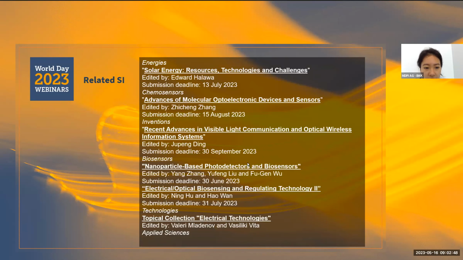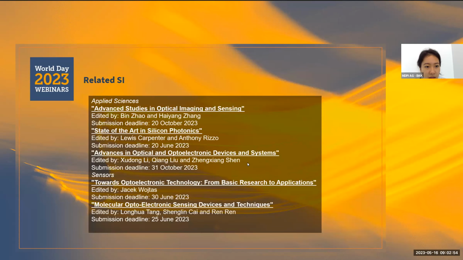And from Technologies, we have the topic collection called electrical technologies. And from Applied Sciences, we have advanced studies in optical imaging and sensing, state-of-the-art in silicon photonics, and advances in optical and optoelectronic devices and systems.